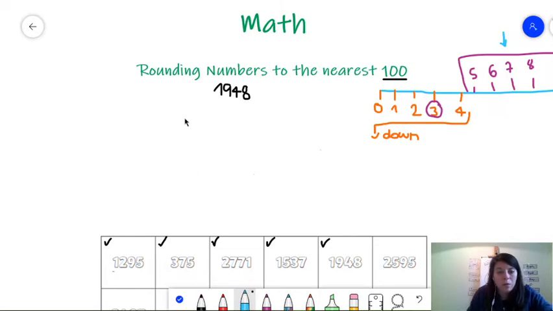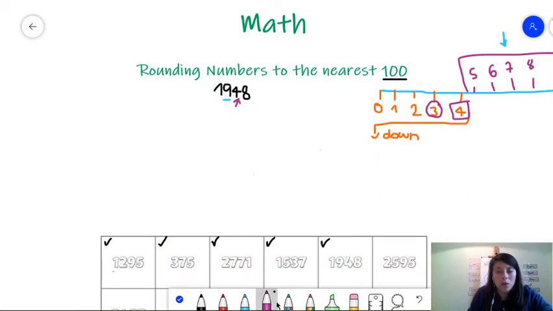Now, what do I do first? Identify my hundreds. 900, okay? And then I look at the number on the right, which is on the tens, which is 4. Where can I find 4 here? Right here, okay? So it goes down.